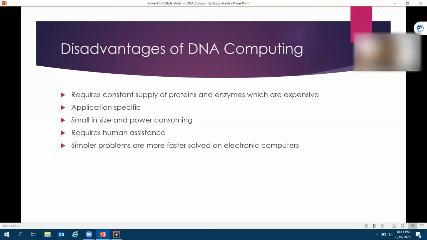But for problems which cannot be solved using semiconductor systems, DNA computing can be used. Next, small in size and power consuming. Since DNA computing is very small in size, it is very difficult to manage and use. This can be a massive disadvantage, and it will require human assistance as well. The last point is that simpler problems are solved faster in electronic computers. I have already discussed this point.